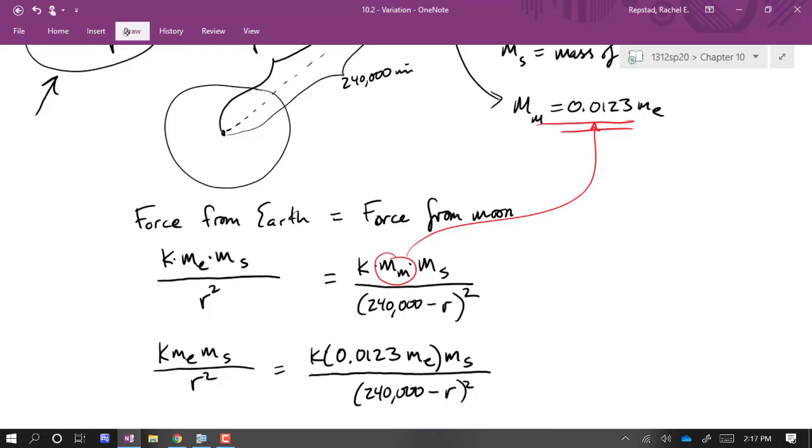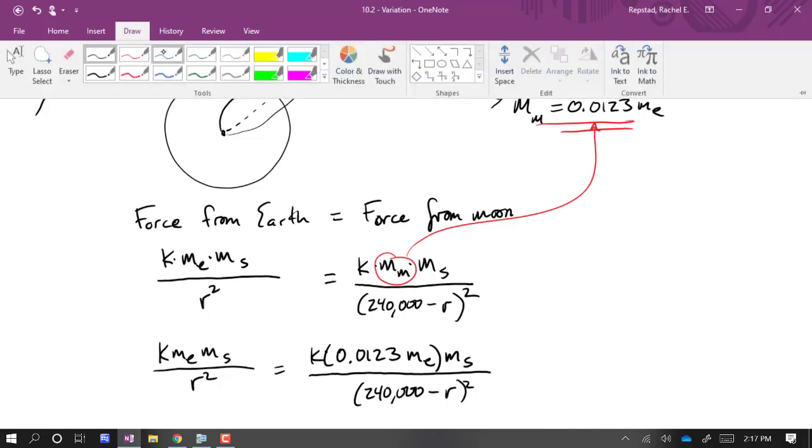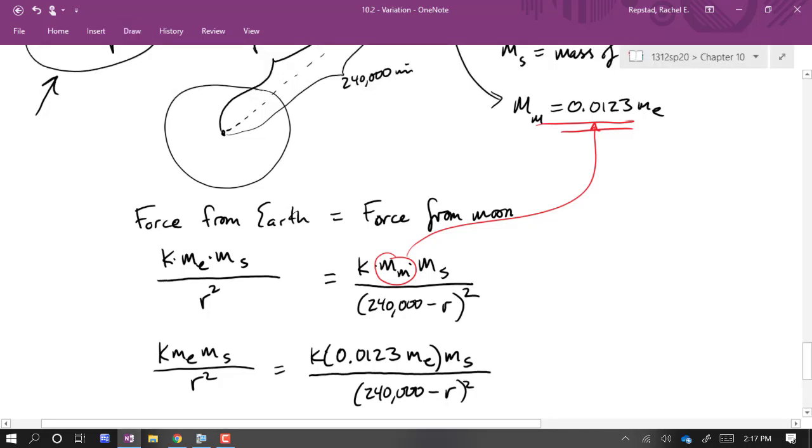And further, we know that k, m sub e, and m sub s are all constants, right? Their masses aren't changing. We're going to neglect the mass of fuel for the sake of simplicity. The fuel does not add a whole lot of the mass, and I think that's a reasonable assumption to make. So k, m e, and m s are all constants.